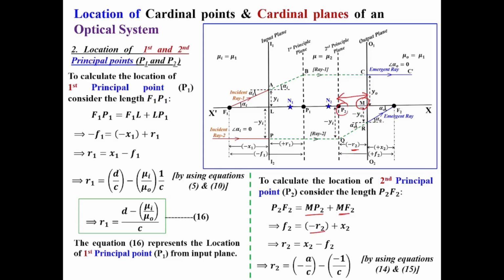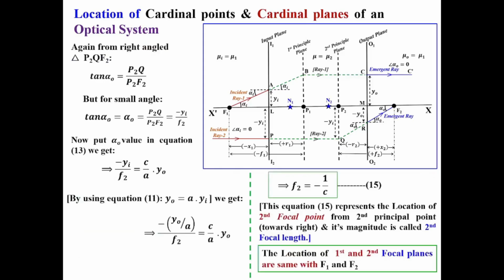MF2 means from point M to F2. That means we have to move to the right side. According to the sign convention, this distance is positive, so plus x2. That implies R2 equals x2 minus f2. Now we have to consider equations number 14 and 15. From equations 14 and 15, we are going to substitute the x2 value and f2 value.